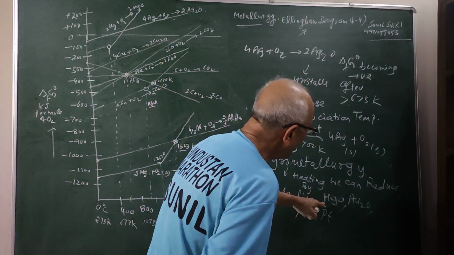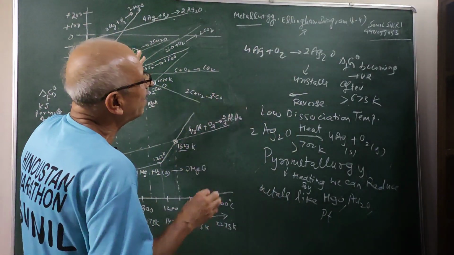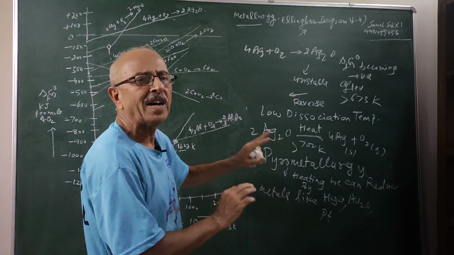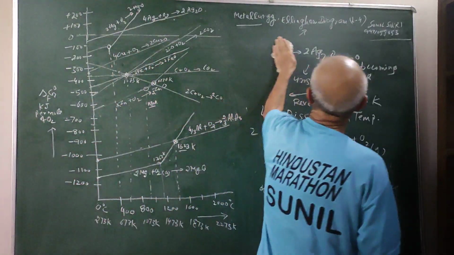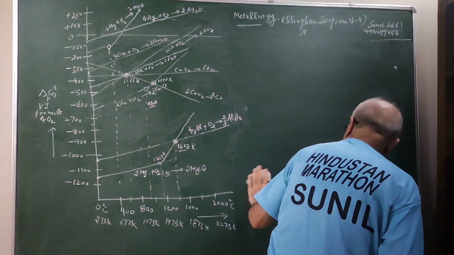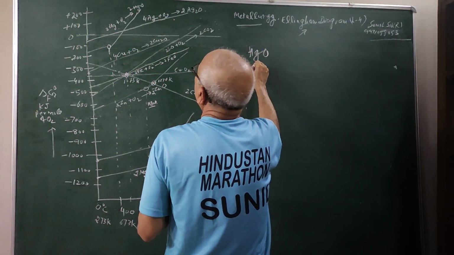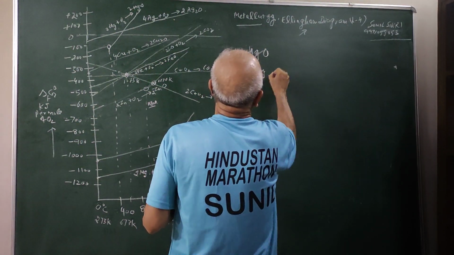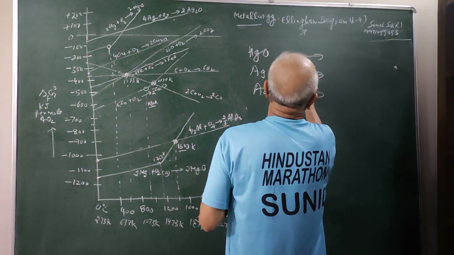These metals mercury, gold, platinum, they can be obtained from their oxides simply by pyrometallurgy, simply by heating, because their dissociation temperature is very low. When their dissociation temperature is very low, what will be the result, students? They will dissociate on heating. Therefore, metals like mercury oxide, silver oxide, Au2O can be obtained by heating.